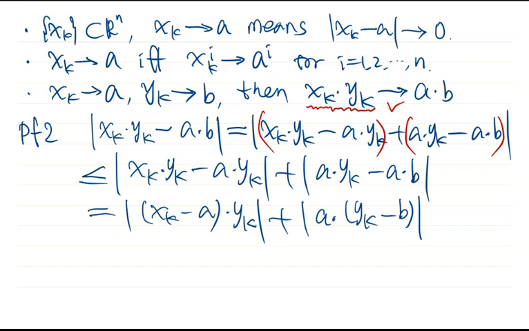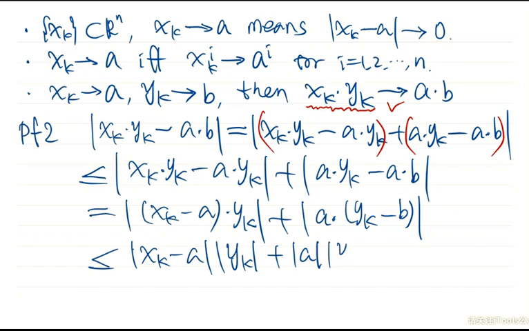We can apply the Cauchy-Schwarz inequality. The first term will not be greater than the norm of xk minus A multiplied by the norm of yk, while the second term will be controlled by the norm of A multiplied by the norm of yk minus B.